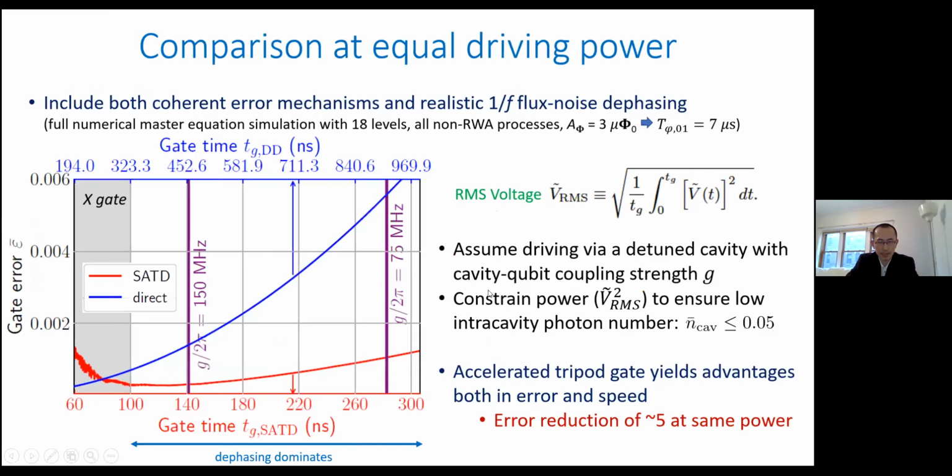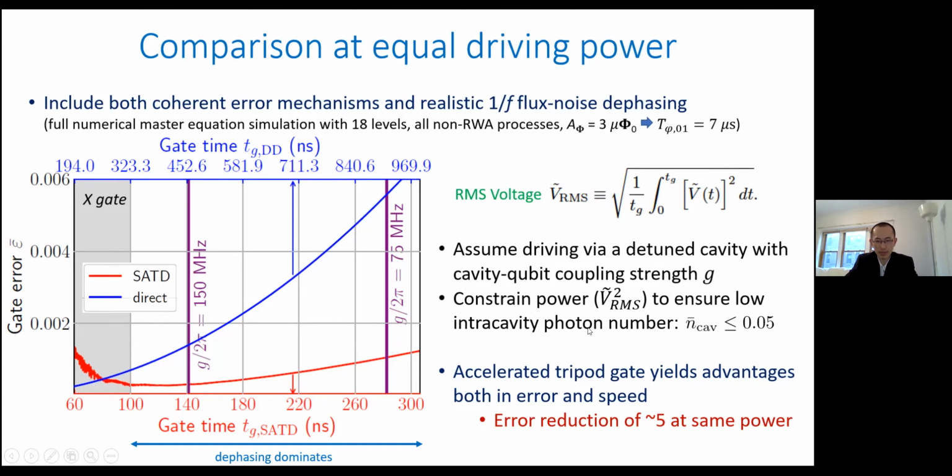So this is what we have when we compare the two gate errors when we impose the power constraint. Here we can see that the direct driving gates have a larger error than this SATD gate. But you can ask, why should we be limited by this power constraint? Imagine you drive your fluxonium via a cavity. In such a system, you would like to have your cavity photon number not be larger than some threshold.